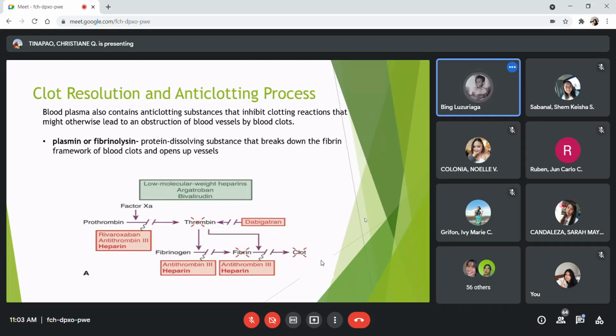Now, after the immediate constriction of the blood vessel, there will be your clotting mechanism. There are 4 stages of the clotting mechanism. First is the formation of your platelet plug.